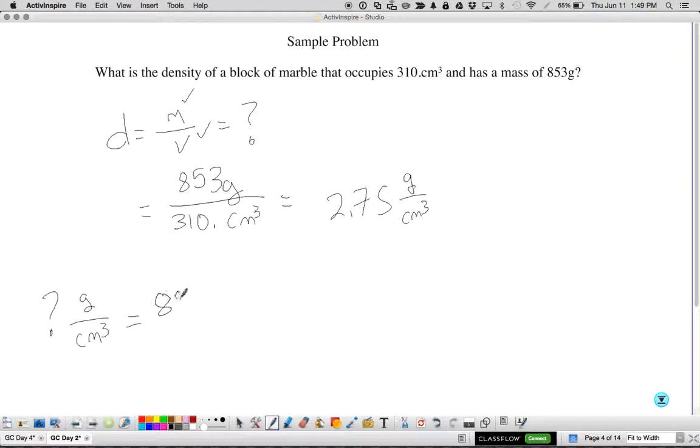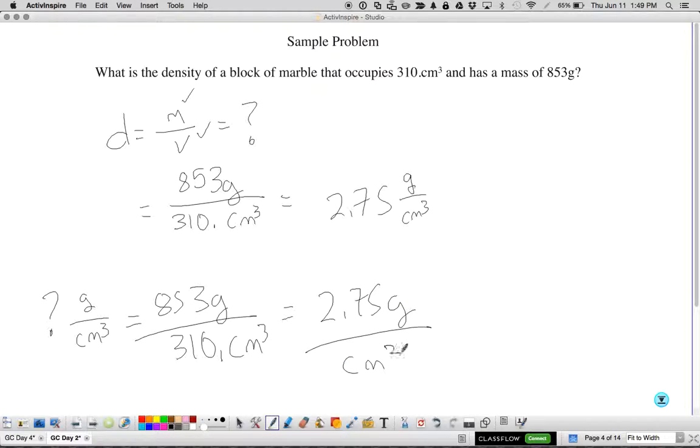This is 853 grams over 310 centimeters cubed, and I get 2.75 grams per centimeter cubed. So these are 2 different ways of approaching the problem. Granted, with this one, it's not real interesting that they're different, but on future ones, it'll make a little bit more sense how they're different, okay?